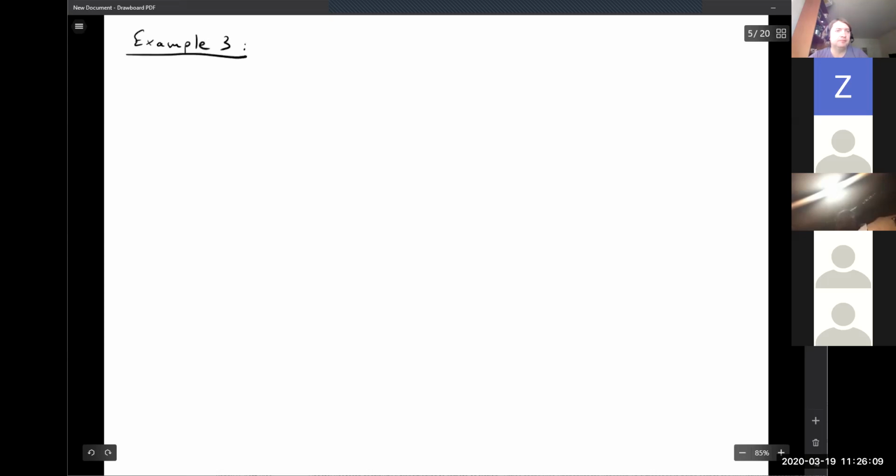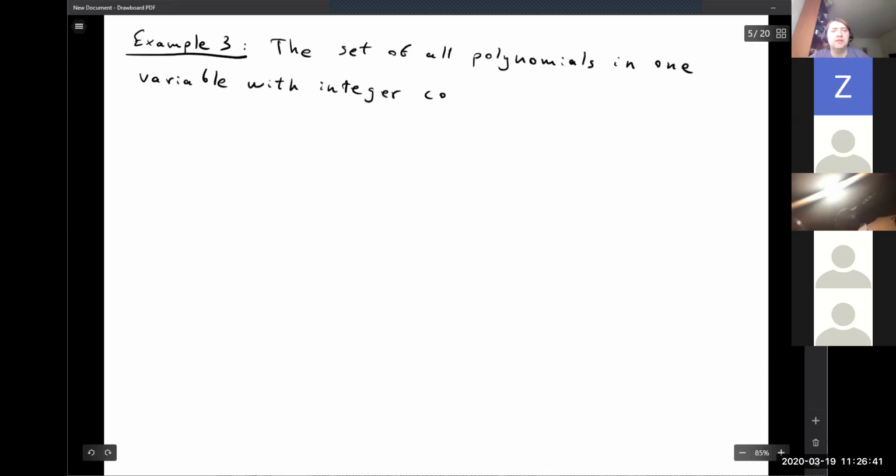The set of all polynomials in one variable with integer coefficients is denoted as Z square bracket x. So in one variable, let's say this is x.